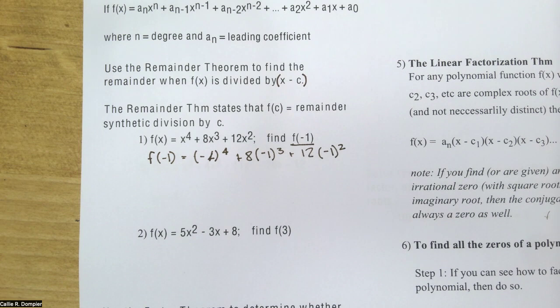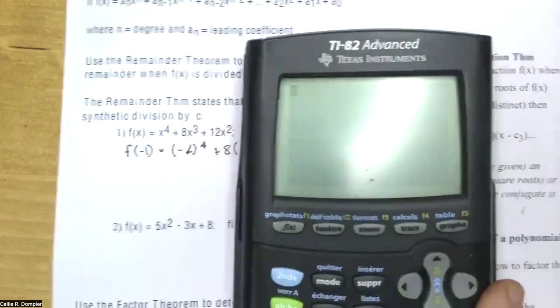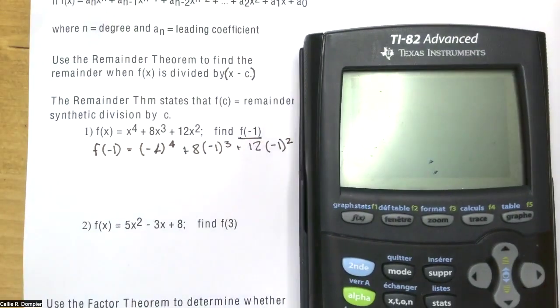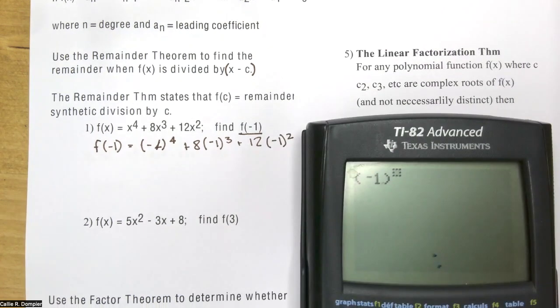You can put it into your calculator as one big math problem. So you can just say -1, always use your parentheses if you're doing it this way, just to be safe. (-1) to the fourth plus 8 times (-1) to the third plus 12 times (-1) squared.